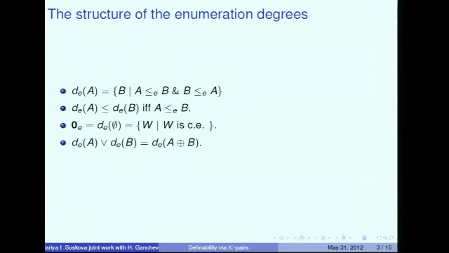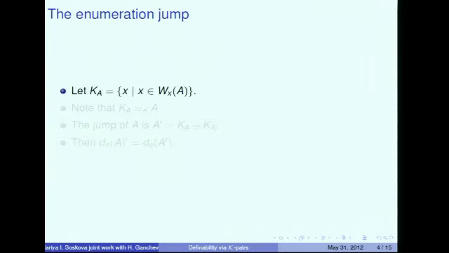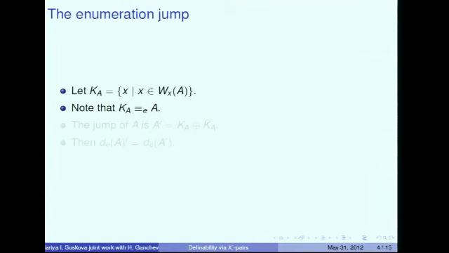We can define the least upper bound operation in the standard way. So we have an upper semilattice, and to get the complete analogy with the Turing degrees, we want to define a jump operation. Now, the set that initially comes to mind looks like this. K_A is the set of all x's such that x belongs to the x-th enumeration operator, or the x-th c.e. set, applied to A. But if you just use this set, unfortunately, you'll get a set that's enumeration equivalent to A. So in order to get a jump that actually jumps up, you're going to have to use the complement of this set, because this is where the actual diagonalization takes place.